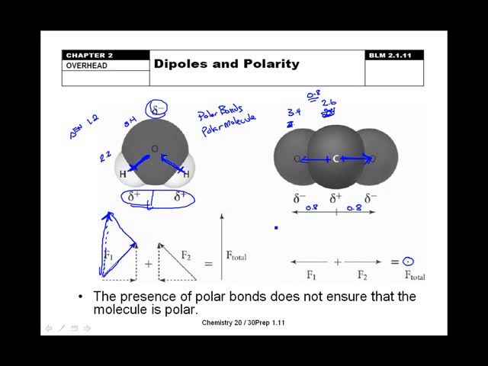So here we have a molecule with polar bonds, but it is a nonpolar molecule. So just because there are polar bonds, it does not ensure that the molecule is also polar.